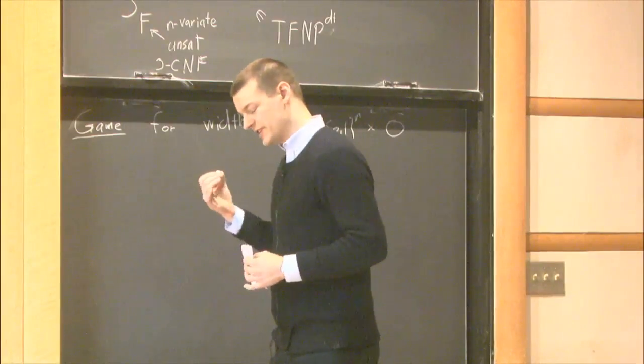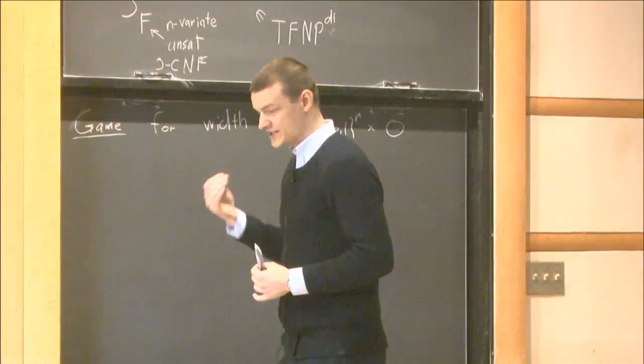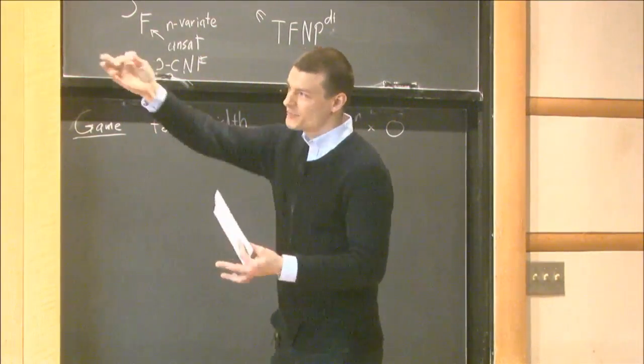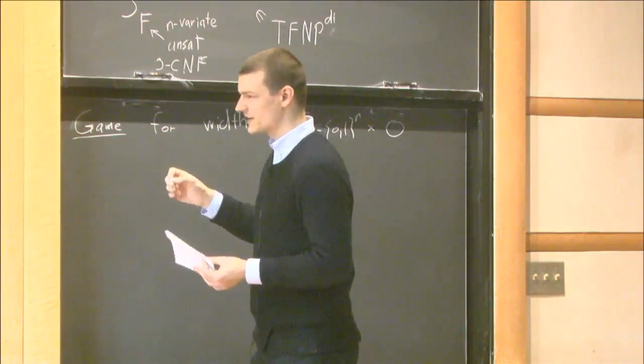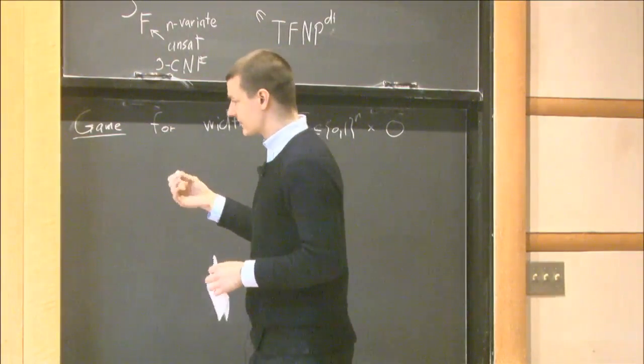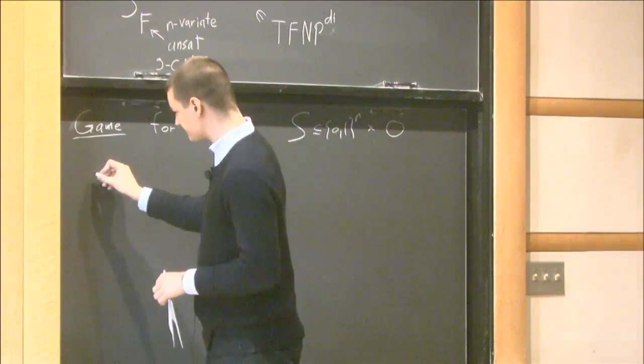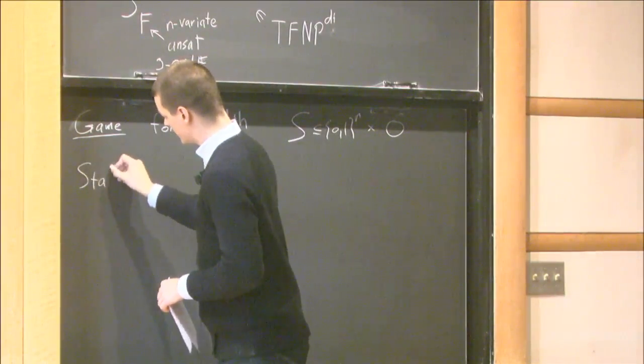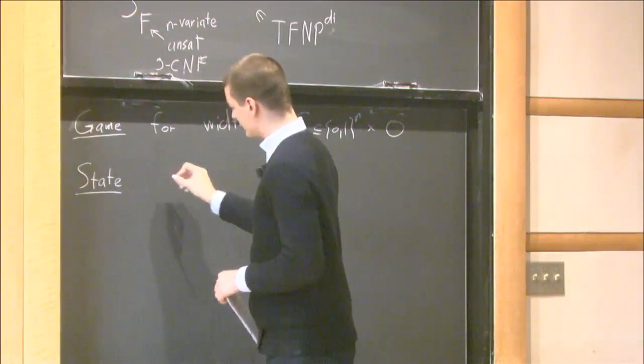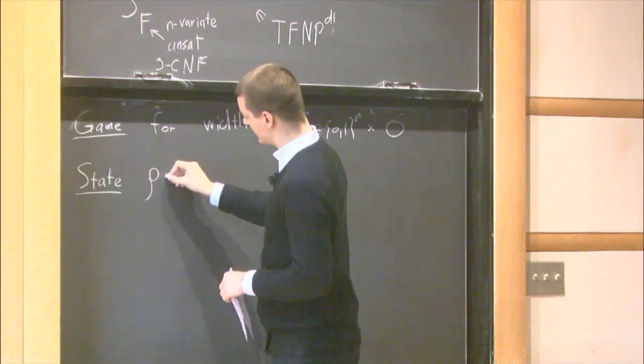The game proceeds in rounds, and the state of the game in each round is a subcube, of course, but let me use the equivalent language of a partial assignment. So the state is always a partial assignment.